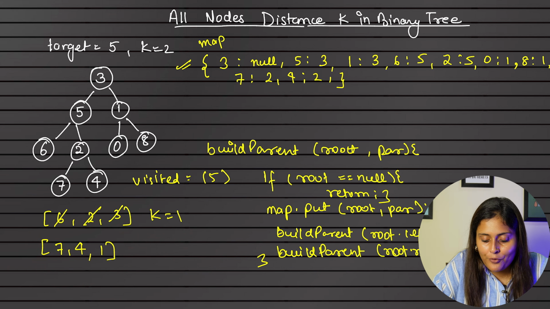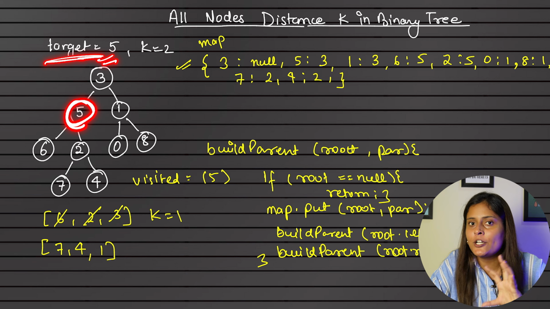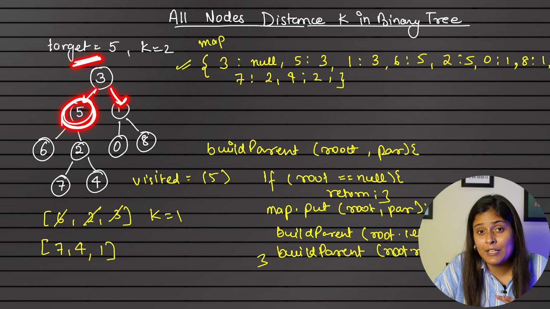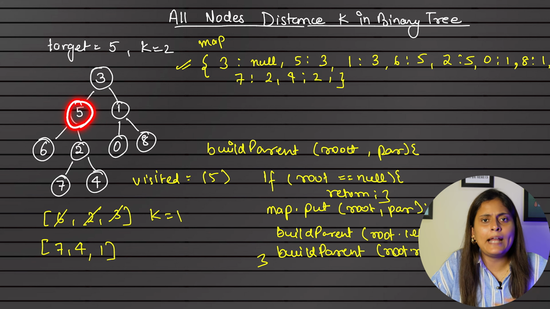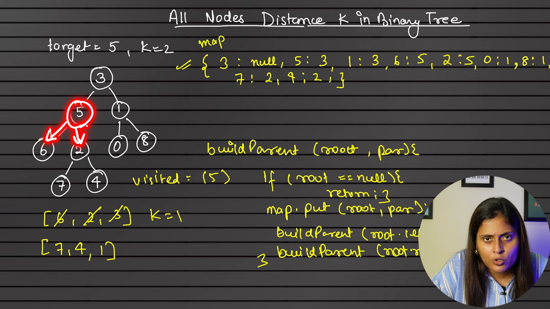So what do you think? From first, we know we don't have to start from the root. We have to start from the target, from where we are expected to return. Why would you travel first and search whether the node is equal to the target when we can simply start there? Because if we start from any node, where can we go? Children, okay. From there you can go to children.